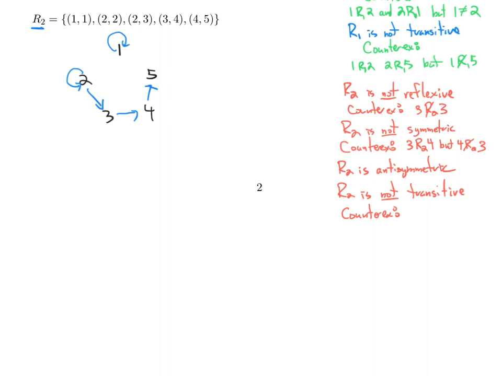So our counterexample here is 2 is related to 3, and 3 is related to 4, but 2 is not related to 4.